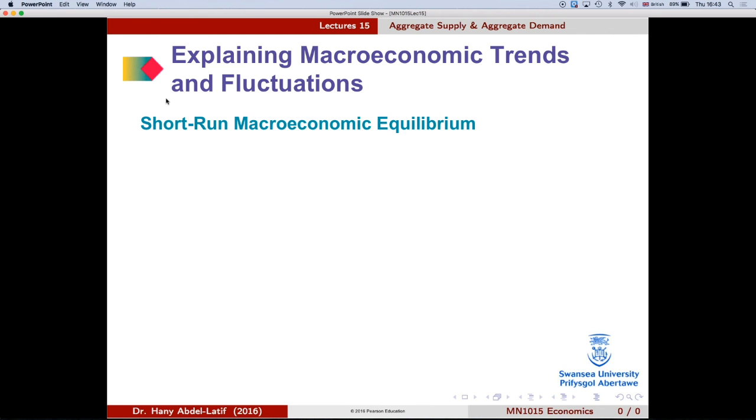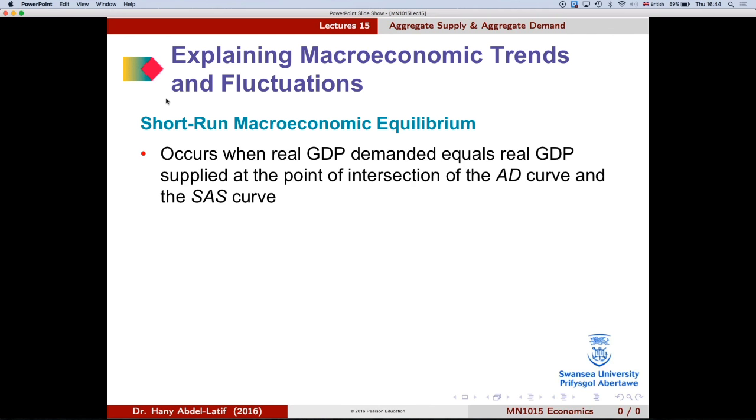So looking at the short run macroeconomic equilibrium, that's the first point in question 3, which asks you to draw the short run macroeconomic equilibrium. So this will be the intersection point between the aggregate demand curve and the short run aggregate supply curve. Just very simple.